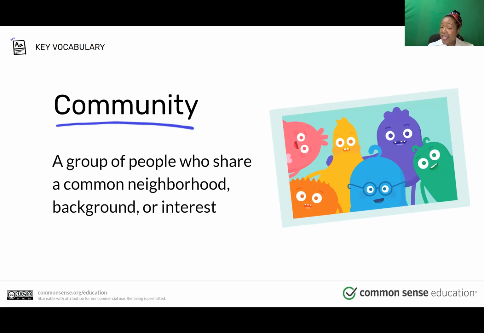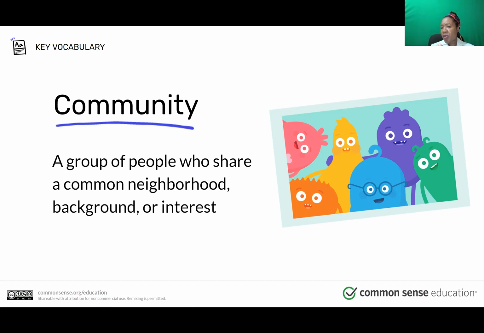Now, there are many things that I am interested in. So I have a community that I meet with every now and again to do other activities. So that is in addition to the community where I live physically. So I have online communities of people that I meet with because of the different things that I'm interested in.